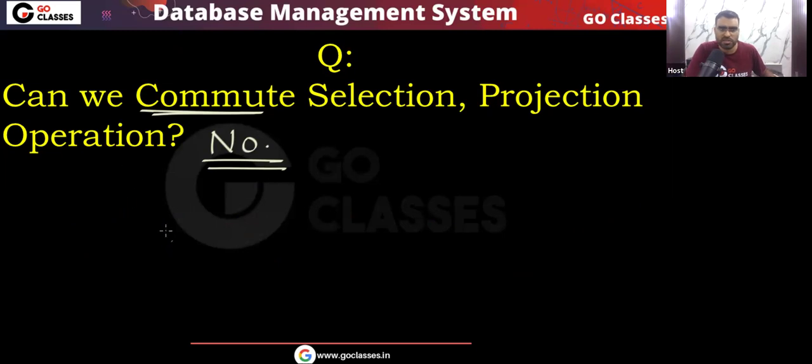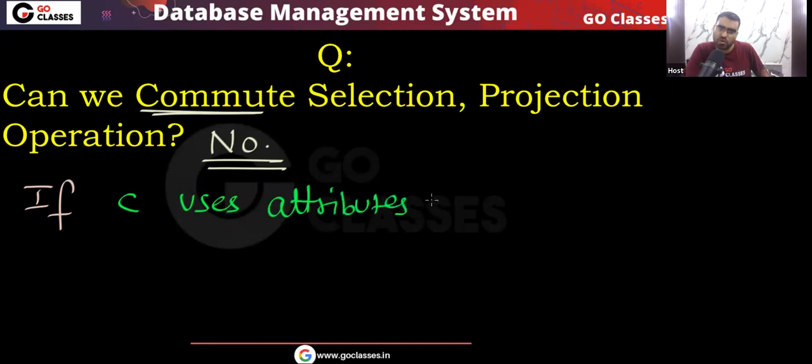But now notice, if I give this condition: if C uses attributes of L, remember, if C uses attributes of L only, then now they will be same.